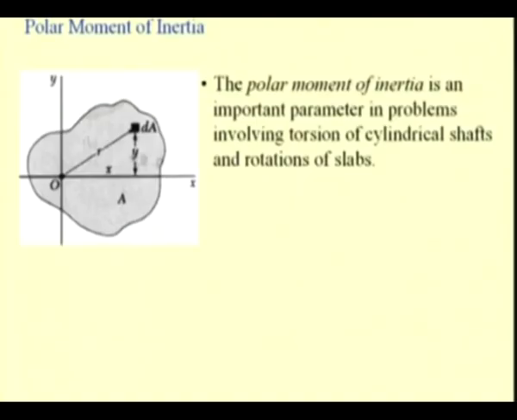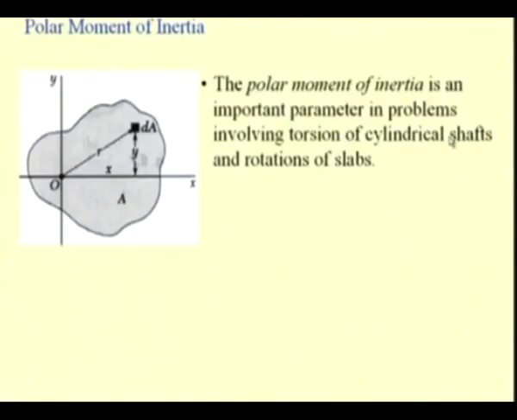So, now we will discuss the concept of polar moment of inertia of an area. Till now we saw determining the second moments or moment of inertia of the area with respect to x and y axis, or the axis in the plane of the area.